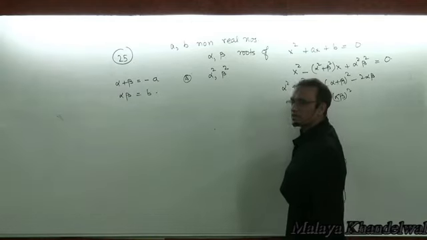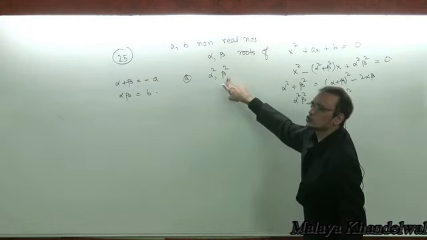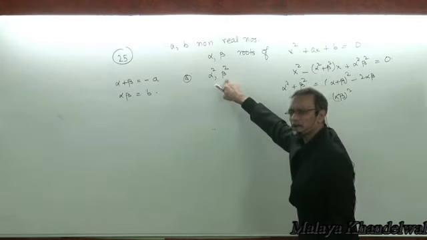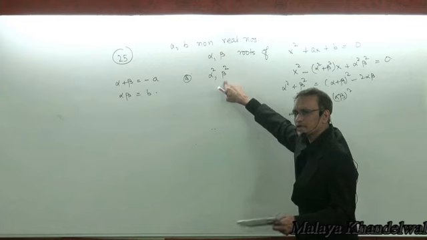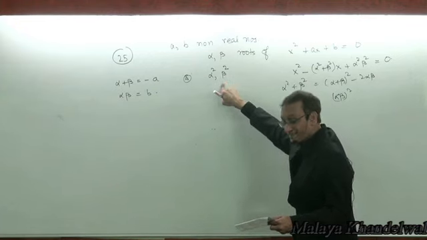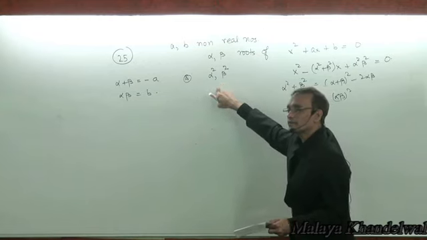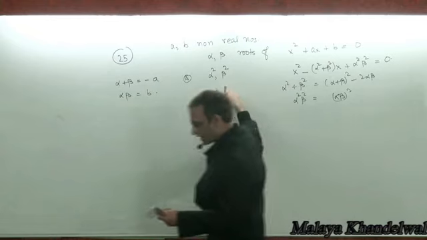So both you can find and plug into this to get the quadratic whose roots are alpha squared and beta squared, right? Option A not correct, but need to check that again.